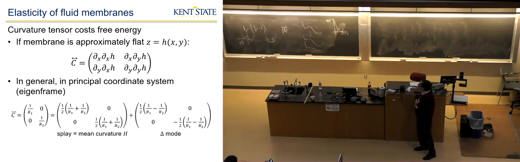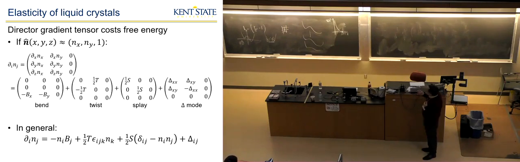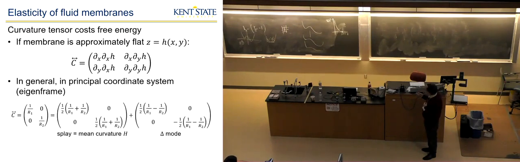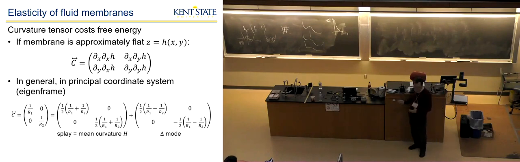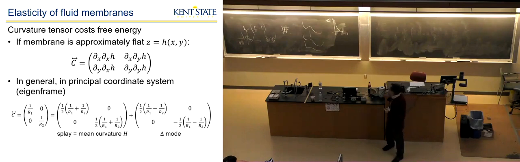Now, like with the liquid crystal case, like with the nematic case, I want to break this tensor into 2 types of mathematical objects. This is a little bit simpler than the previous case because it's just a 2 by 2, not a 3 by 3. For a 2 by 2, it's already symmetric.